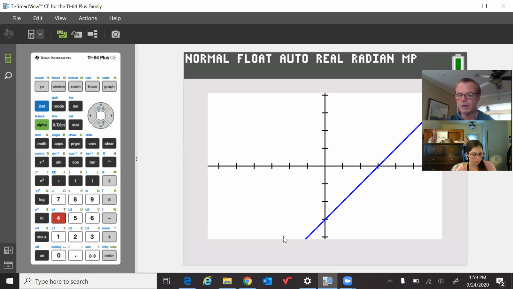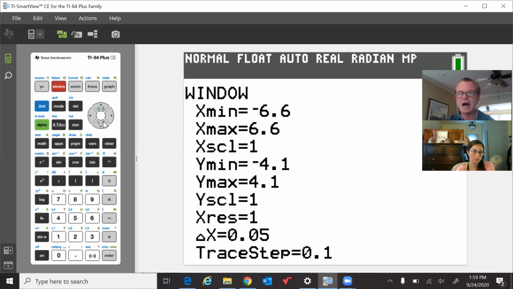Now, you got to be careful here. You go to window. The whole point of using a Zoom 4 window is it matches up the pixels. So if I go to window, I'm just going to slide the window so that the pixels will still be in perspective. So I slide everything down 3. So I know I got to see -6.